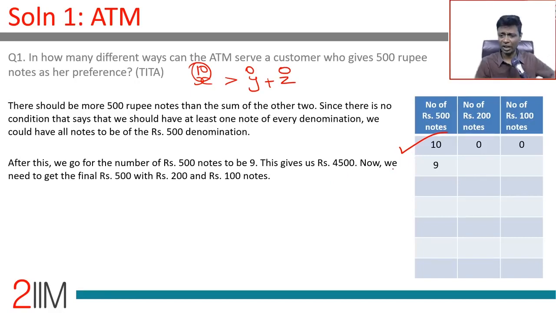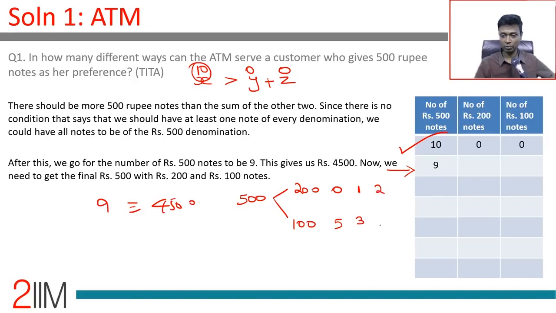Let's then assume we have 9 500 rupee notes. 9 500 rupee notes amount to 4,500. So we have 500 rupees remaining to be split among 200 rupee notes and 100 rupee notes. All of these 500 could be 100 rupee notes, where there will be 0 of the 200s. Or I could have one 200, where there will be 3 hundreds. 200 plus 3 into 100.